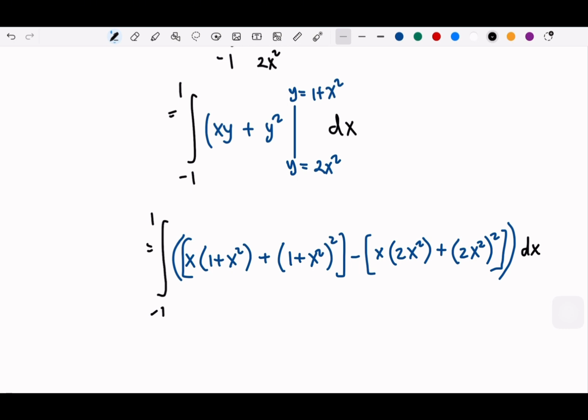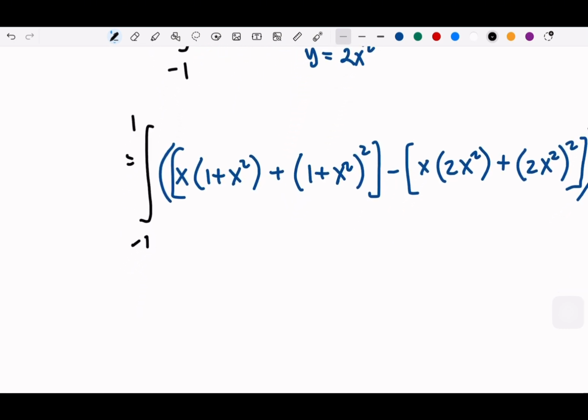And then finally we can solve this. Simplify. Let me write it in between.